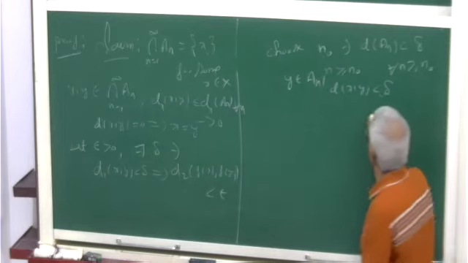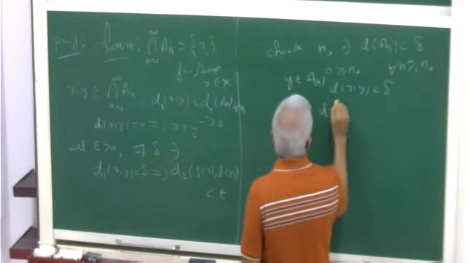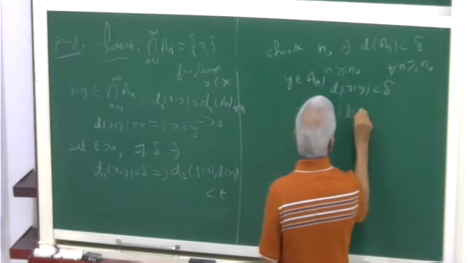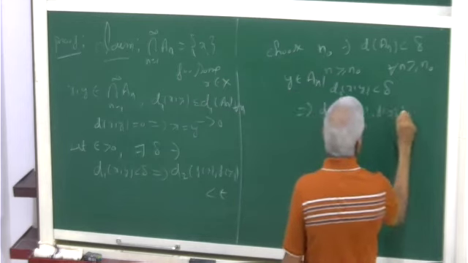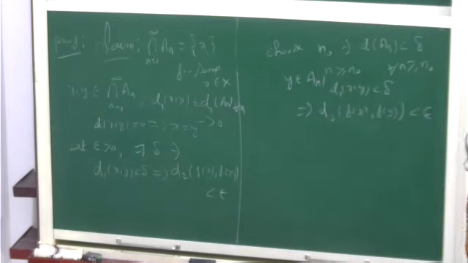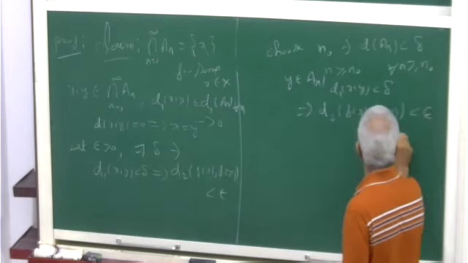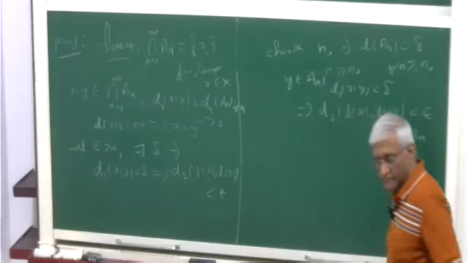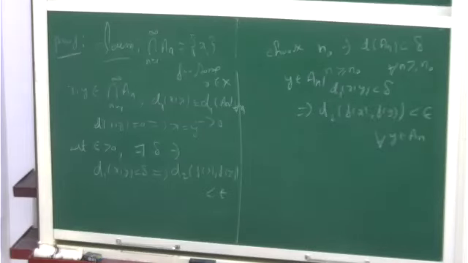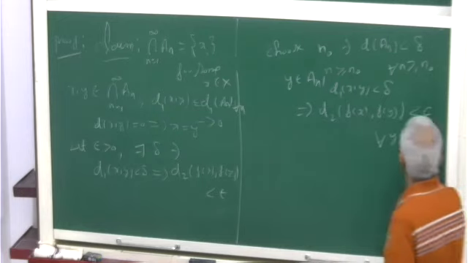So this implies d of f of x, f of y is less than epsilon, for all y in A_n. And f of x is in f of A_n, and for all y in A_n.